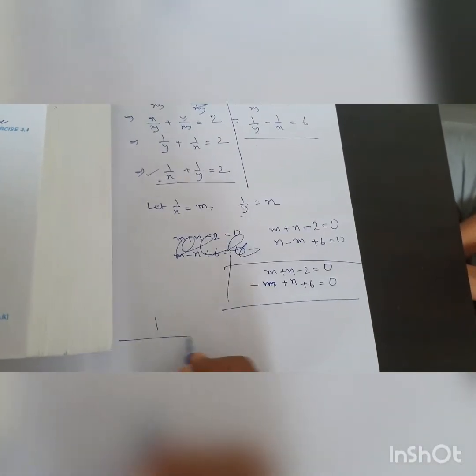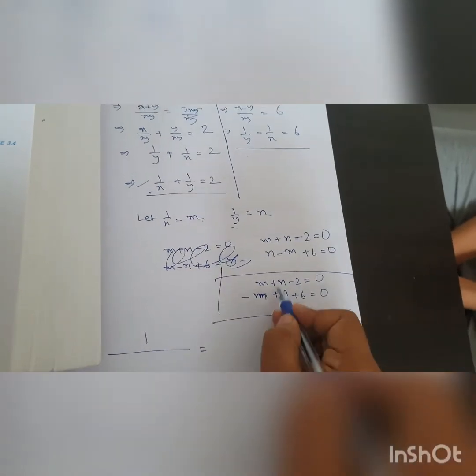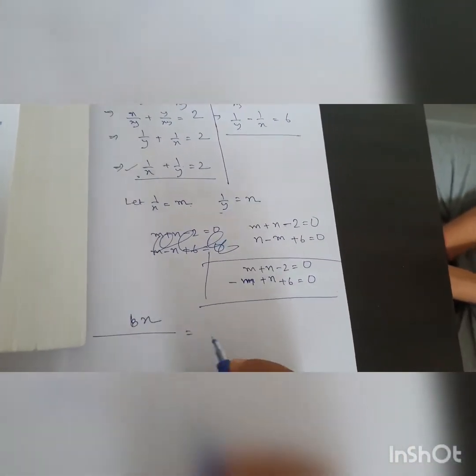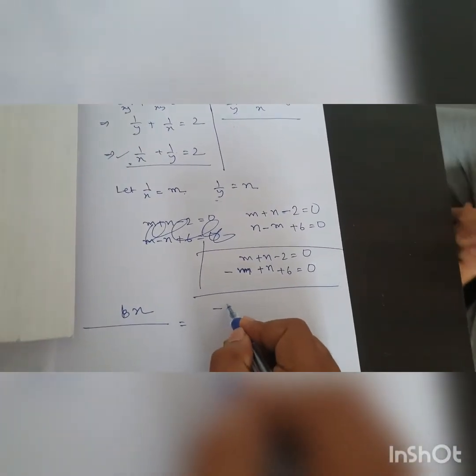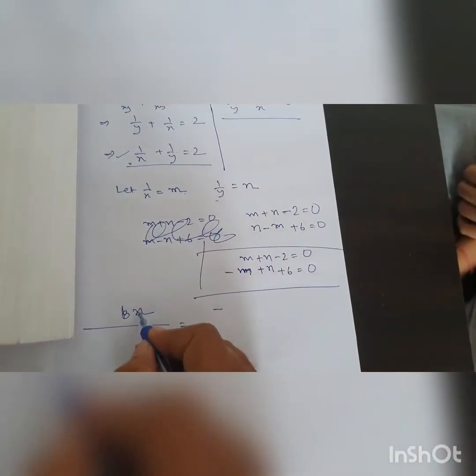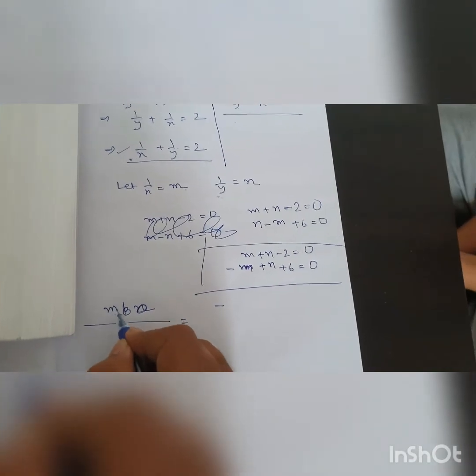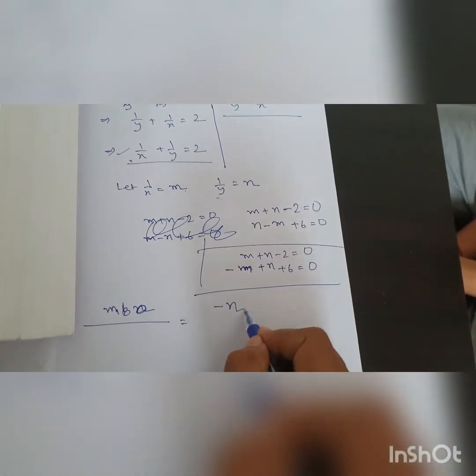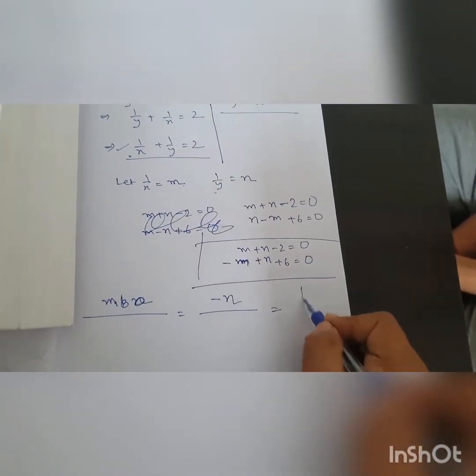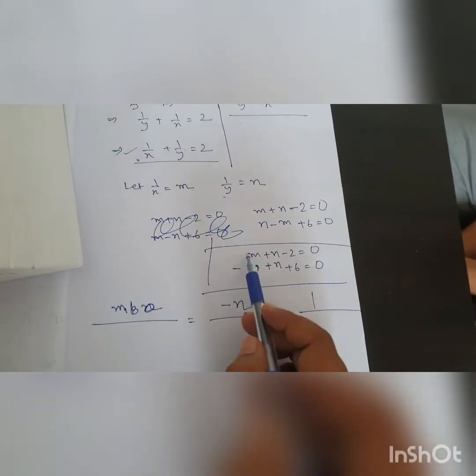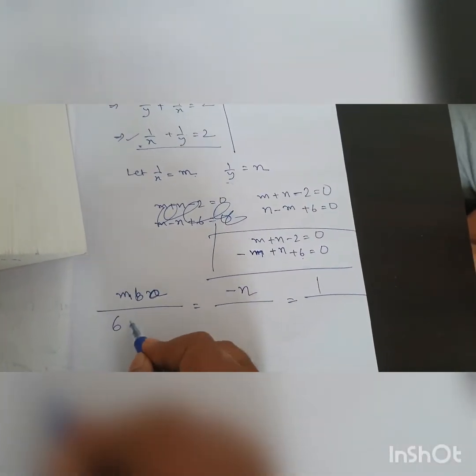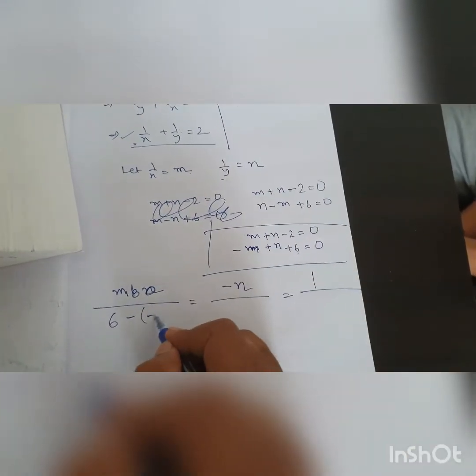Then what you have to do, 1 by... sorry, in place of y, n is there. You do it x by first, then minus x by means here m by, right? And in place of n, y by means minus n by, and this will be 1 by. So you can simply do, you cover m: 1 into 6, 6 minus 1 into minus 2, so minus 2.